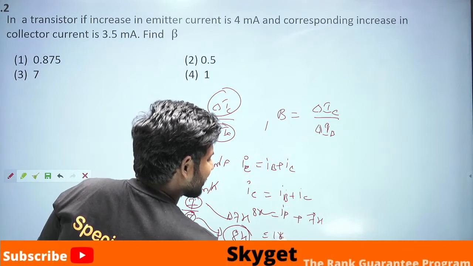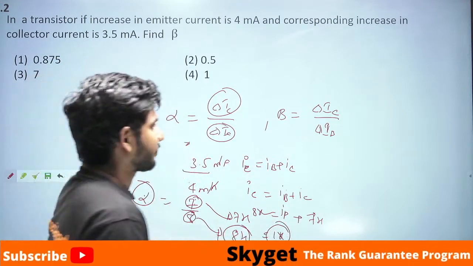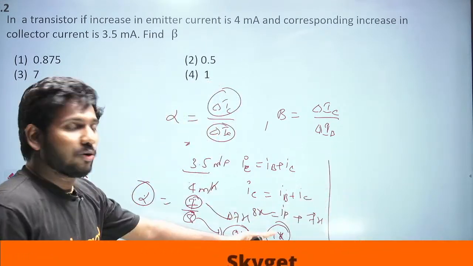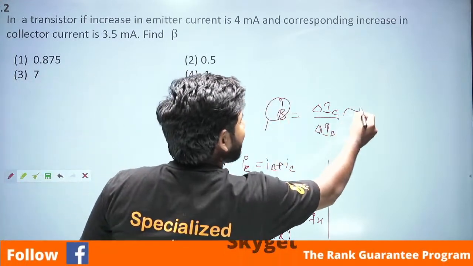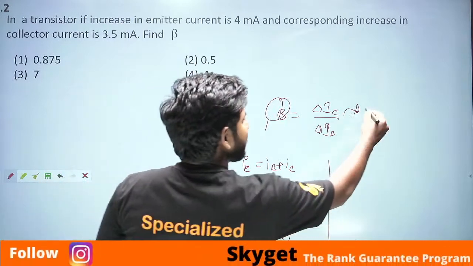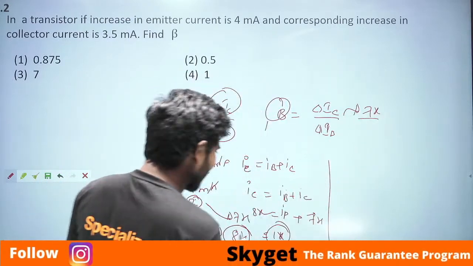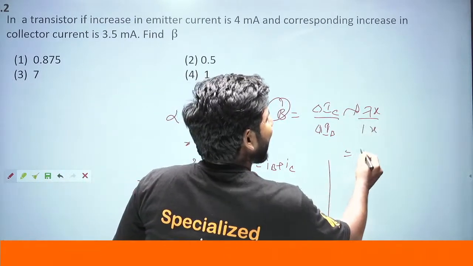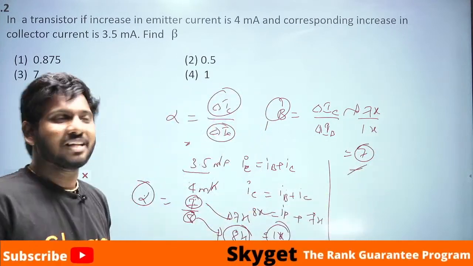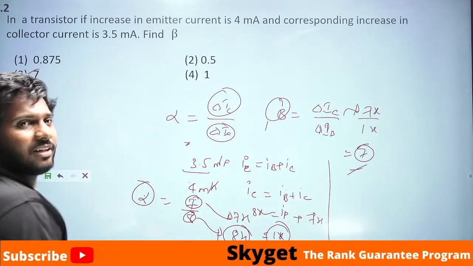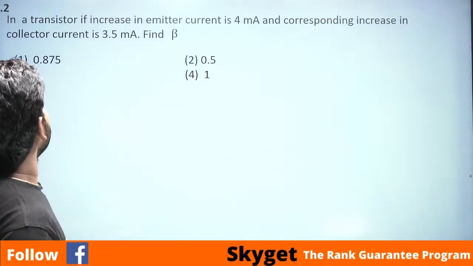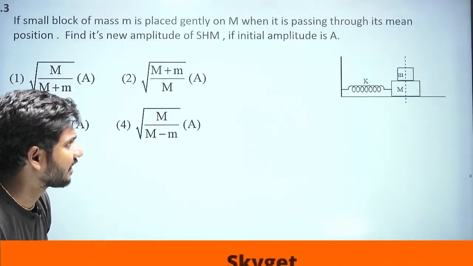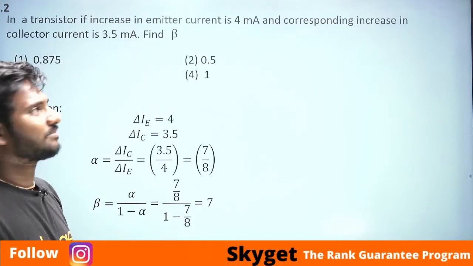It is equal to 1x. So then what is beta, students, here? Change in collector current, that is 7x, divided by the change in base current, 1x. So the answer is 7, students. This is directly based on alpha beta relations in modern physics. So now you see the relation here, the answer is 7.